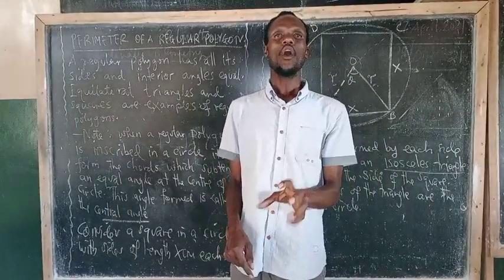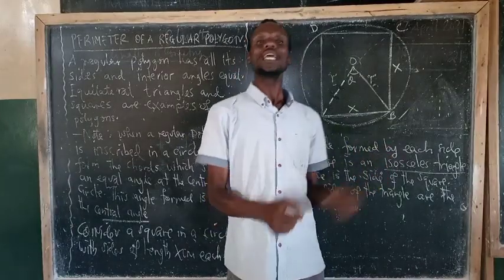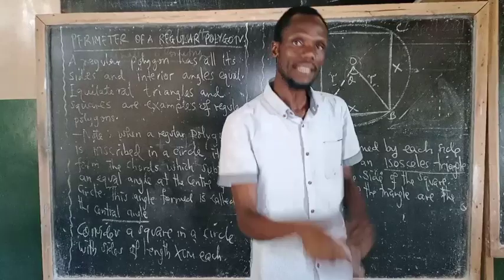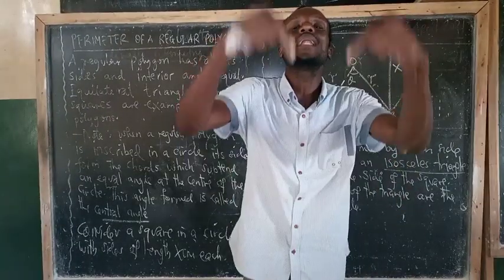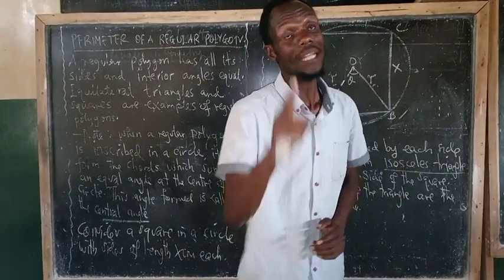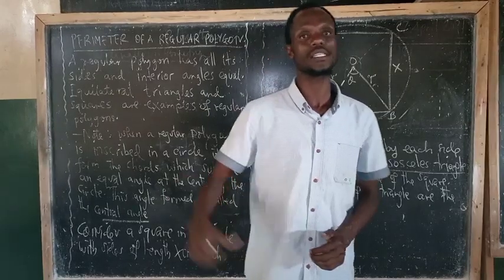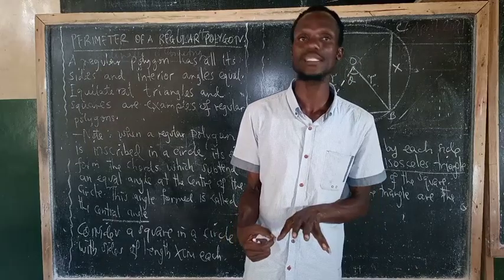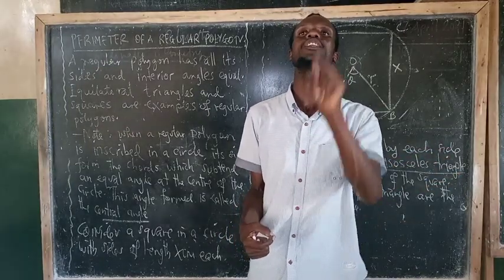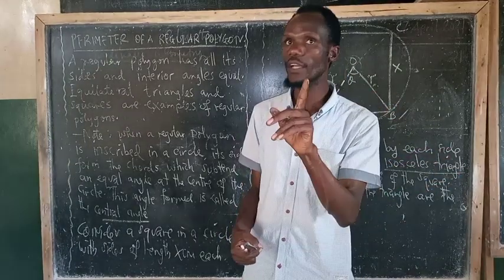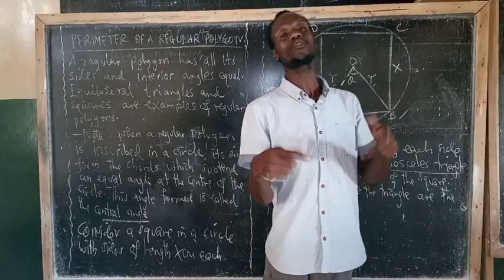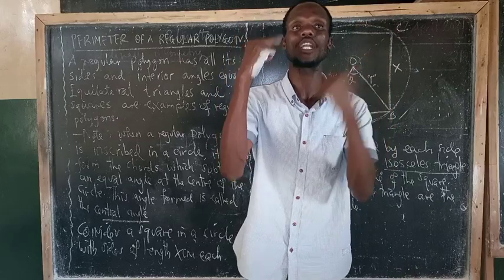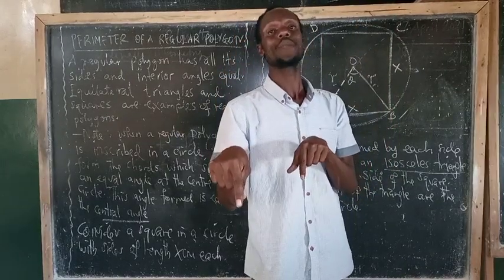Now let us see how we can use this principle to formulate the formula that can be used to determine the perimeter of the regular polygon. But remember the definition of the regular polygon: it is a shape having all of its sides equal and all of its interior angles equal. That is very important. If you are solving a question, you have to keep that definition in mind so you can form the formula.